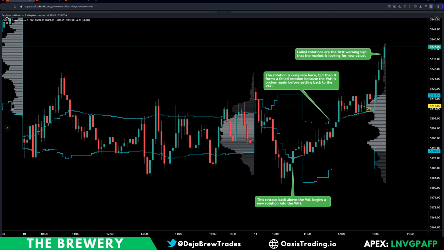And then right here, we can see that price was beginning to respect that value area high as support. So as we just talked about, they were building value outside of the value area, using that value high as support. Therefore, they are telling you that they want higher prices. And then you see that breakout. So failed rotations are the first warning sign that the market is looking for new value.